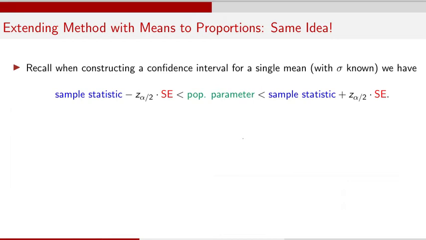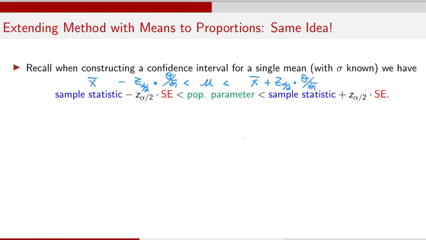And so the good news with how we are going to construct these confidence intervals for proportions is that we are just going to extend the way that we did this with means to the same situation for proportions. And so recall that with a mean, we have the following situation where the sample statistic, our point estimate, is the sample mean. The z alpha over 2 we get depending on the confidence level.